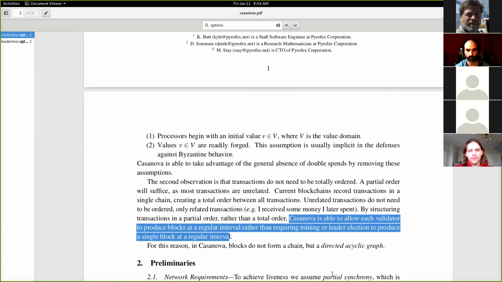So in practical BFT consensus, I think usually you select a leader. Casper came up and said, well, everyone can just do whatever.